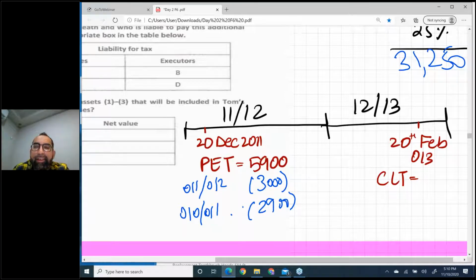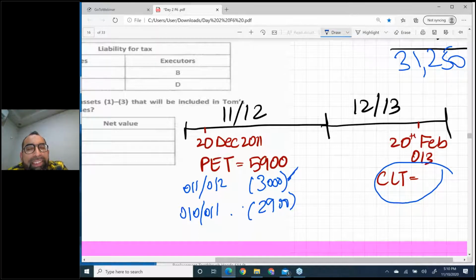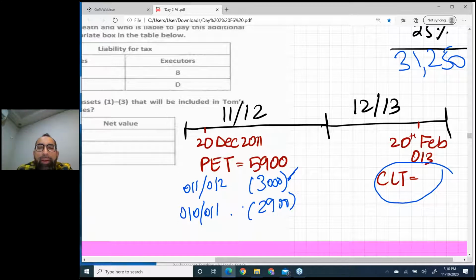Now listen to the question. You are here in 12-13, you are giving a CLT. In 12-13, if you see the last year, you have already used the last year's annual exemption. You have already used the 11-12 annual exemption in PAT. So in 12-13 you have only 3000 annual exemption left for 12-13 on its own.